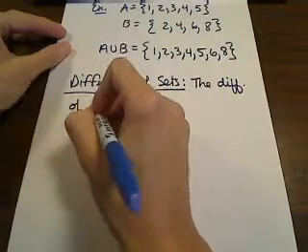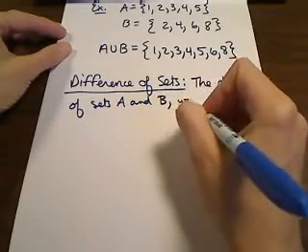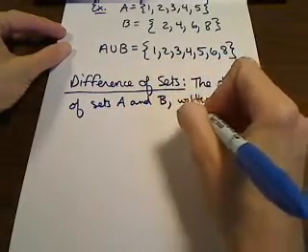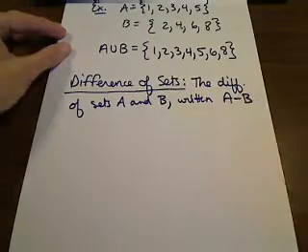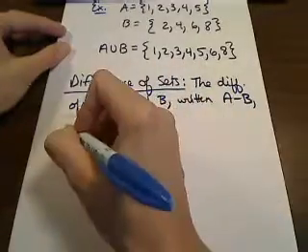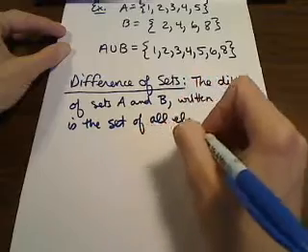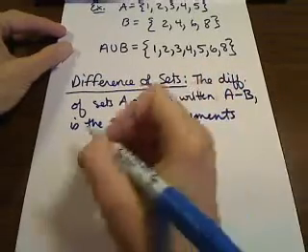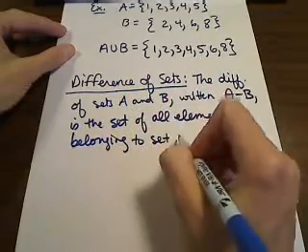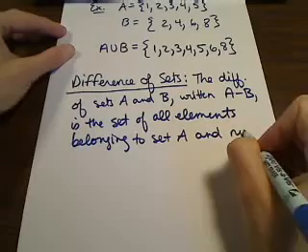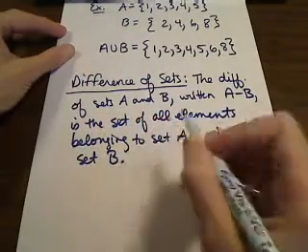The difference of sets A and B, written as A minus B, is the set of all elements belonging to set A and not to set B. Okay?